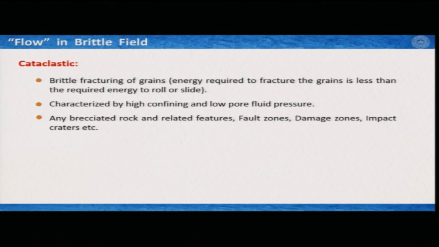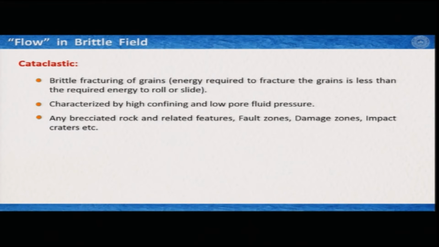So, fluid is absent in this kind of deformation, or it is extremely low. And examples you can cite for this type of cataclastic deformation are brecciated rock or some related structures, fault zones, large fault zones, damage zones, and certainly impact craters.